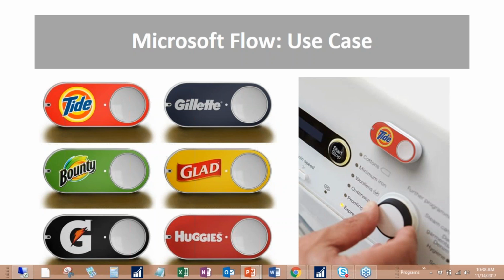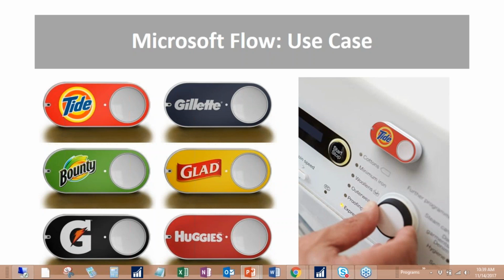Amazon markets these: you buy one for $5, it connects to your Wi-Fi, and when you need more Tide, you push that button and it automatically places an order with Amazon for Tide. You don't pay a monthly subscription for it. You pay $5 for it once, and you actually get a $5 credit the first time you push the button.